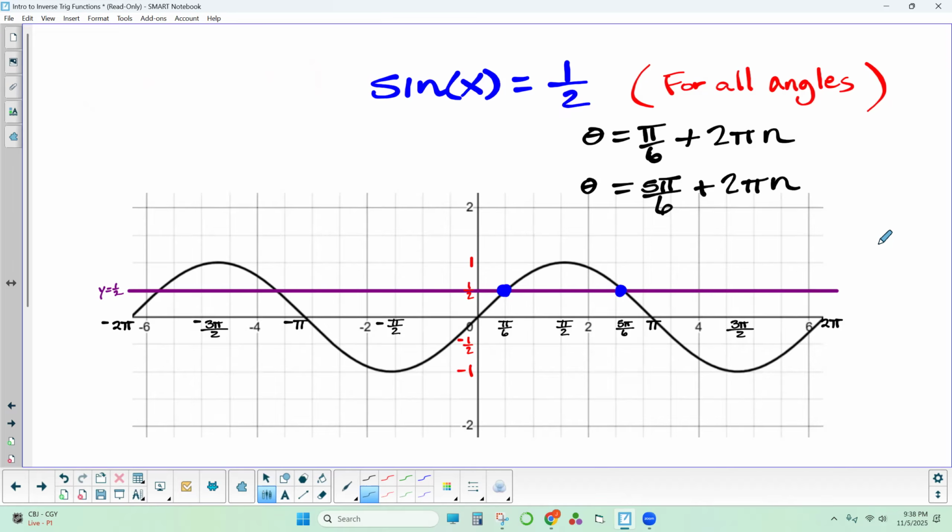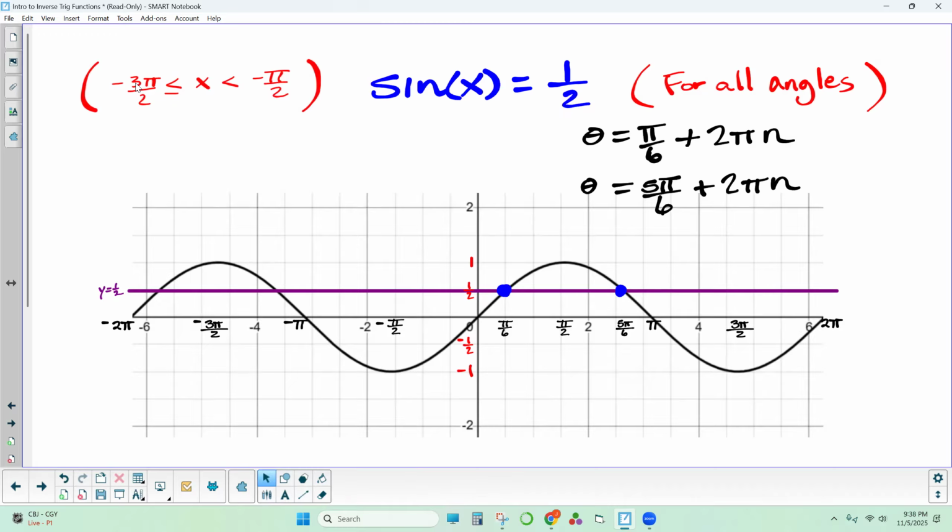But more often, you are going to be asked for solutions along a specific interval. For this example, the interval is negative 3 pi over 2 to negative pi over 2.